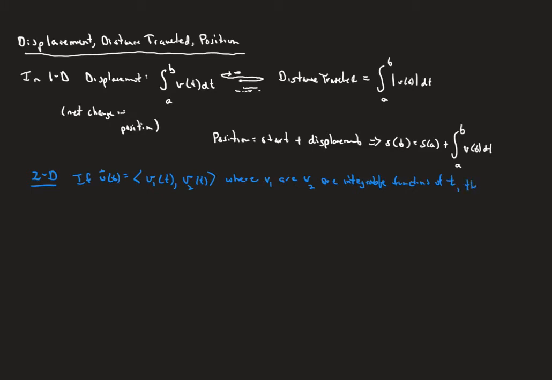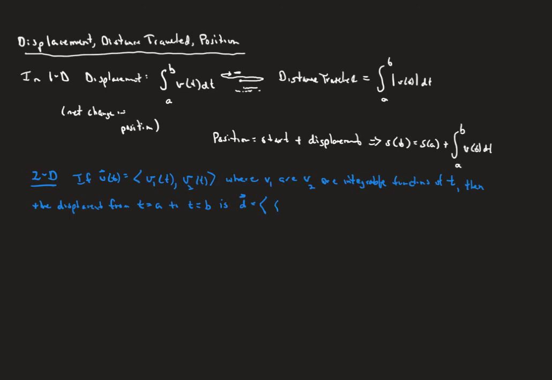Then we're going to get a displacement, and it's going to be a vector. So the displacement from time t equals a to time t equals b is going to be, and this is now going to be a vector, so I'm just going to write it as d for displacement, and that is going to be like what we did in 1D, but in vector form.